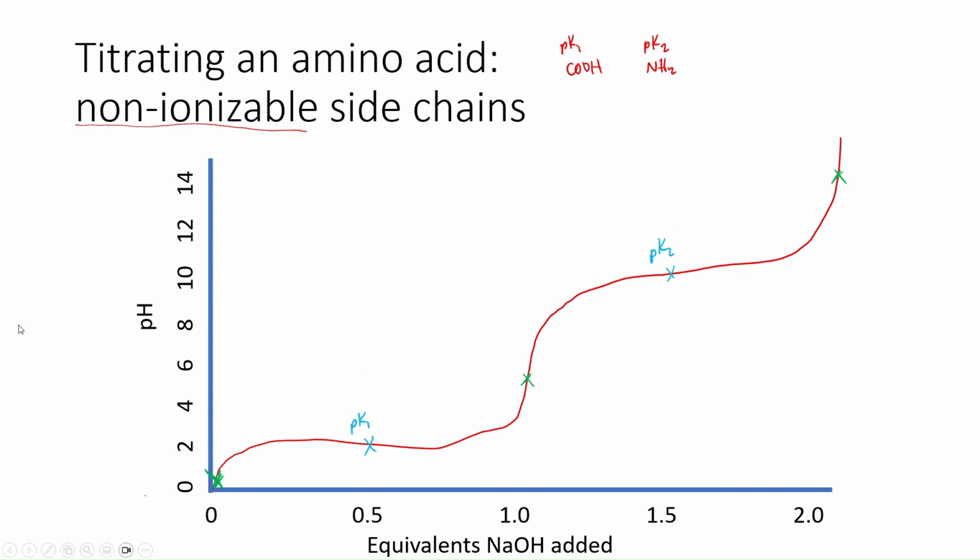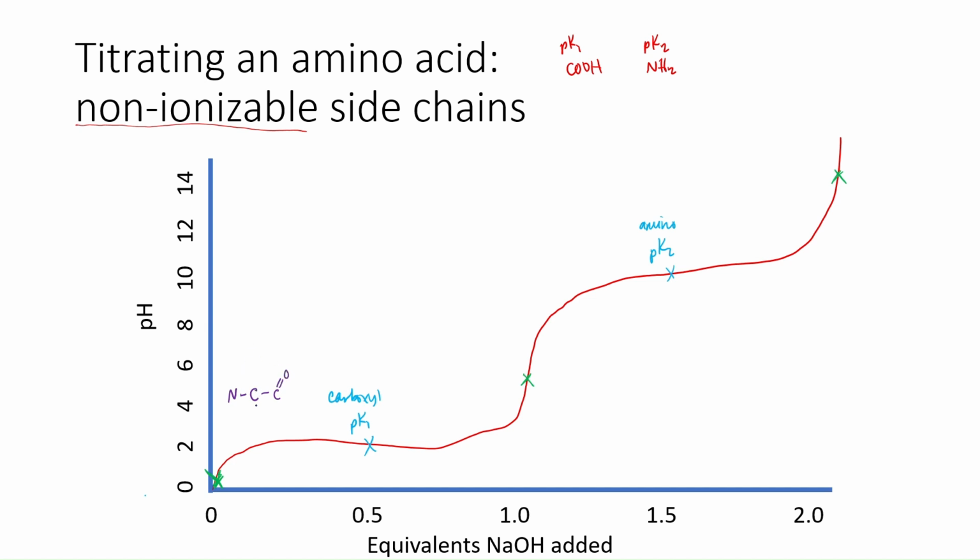So we can start now thinking about what our amino acid might look like at each of these points of interest. So at our 0 equivalence point, all the way on the left, if we wanted to draw what our imaginary amino acid might look like, we have our N, we have our alpha carbon, we have our carboxyl group.